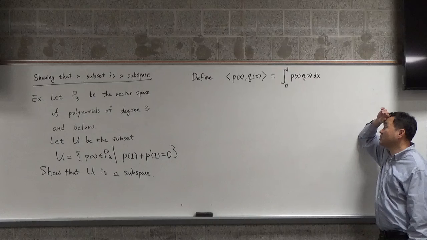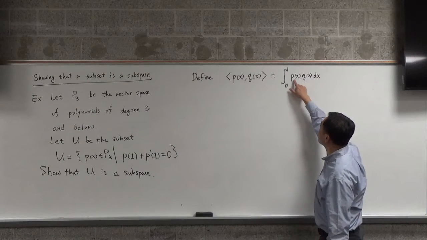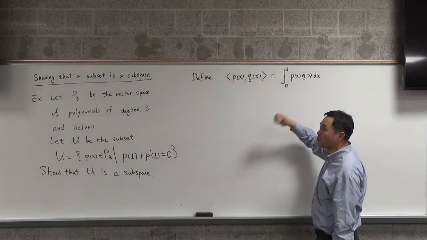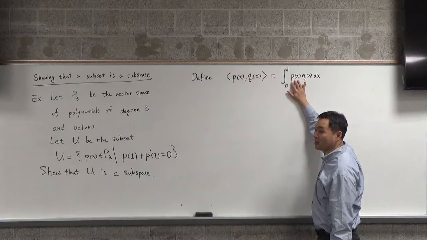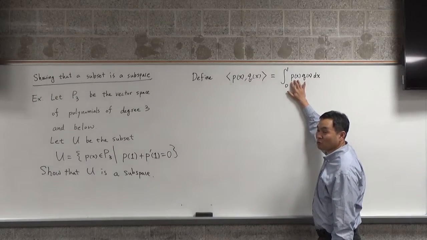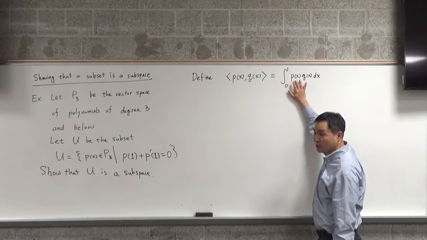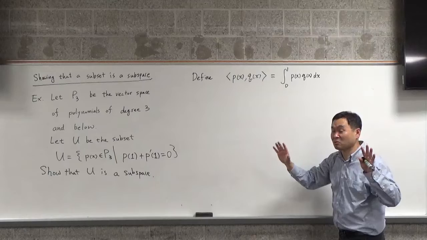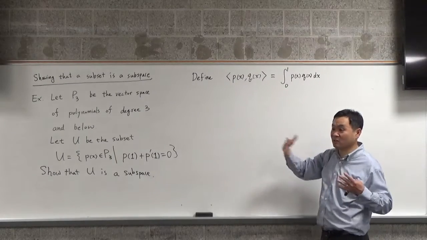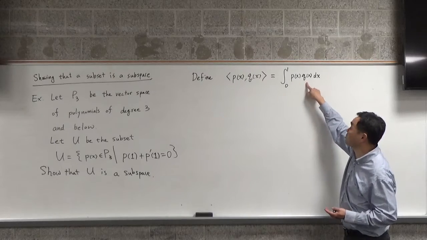And thirdly, being linear is kind of easy to see because, although it's cumbersome to write down, it's straightforward. You just replace p(x) by, say, a times f(x) plus b times g(x). You plug it in, and then you can expand the integration because integration itself is linear. So it's going to be linear with respect to p, and then linear with respect to q.